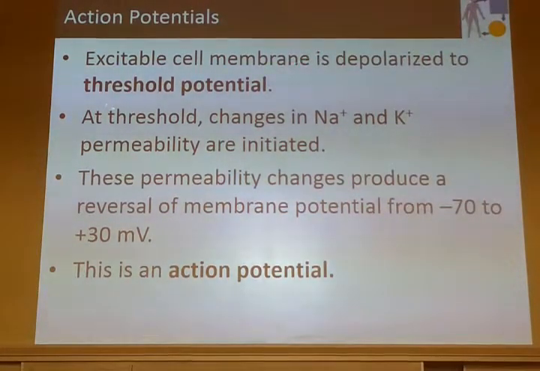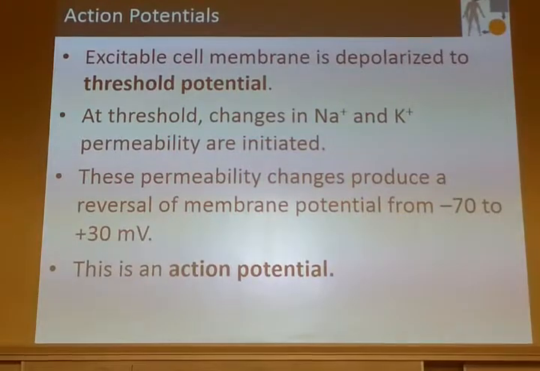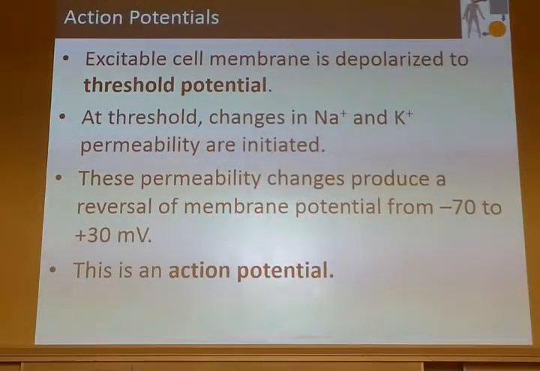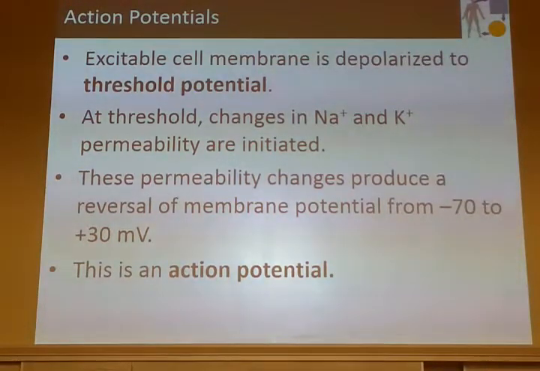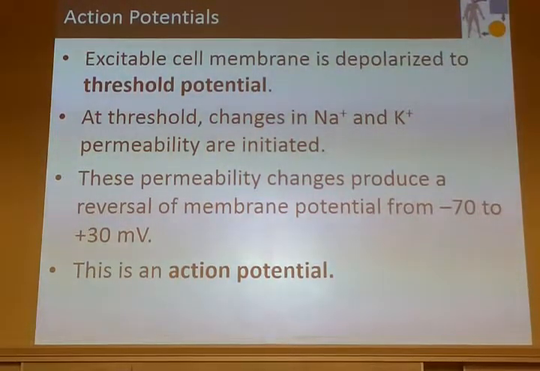Okay, so threshold potential is going to be different in not every neuron, but in a lot of different neurons. It's going to be different in different cells. So don't be bent out of shape because right now you're told that threshold is, well, one slide said minus 50 and this one minus 55, so that's already different.